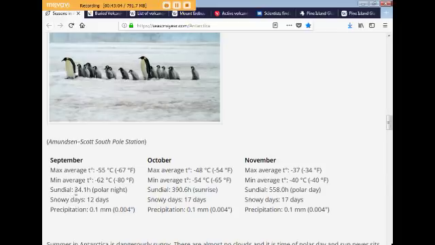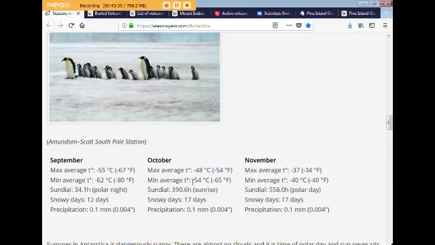They have 34 hours of sunlight during September, but that's spread out. It's not 34 hours all at once. It's spread out as the Earth is tilting to get a little more sunlight. They might get an hour a day here and there. They have 12 snowy days, and precipitation is 0.1 millimeter or 0.004 inches.